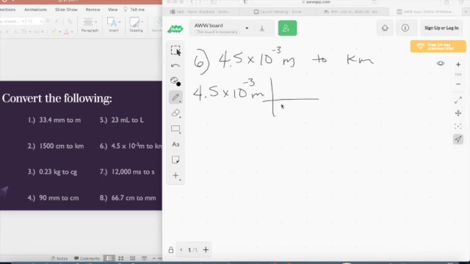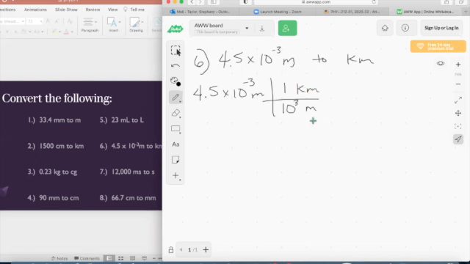So 1,000 meters, because 10 to the third power is 10 times 10 times 10, which is 1,000. So we can either put 10 to the third meters here, or we can write out 1,000 meters. How you want to set it up is up to you.